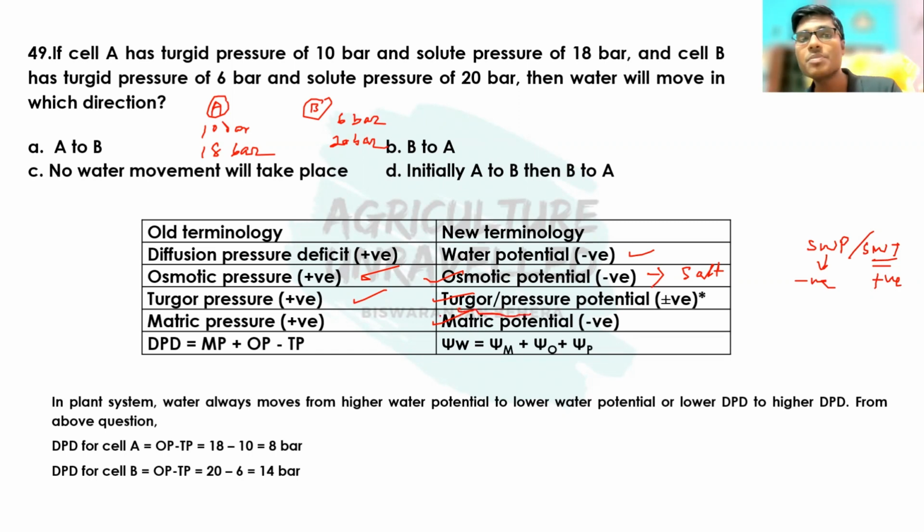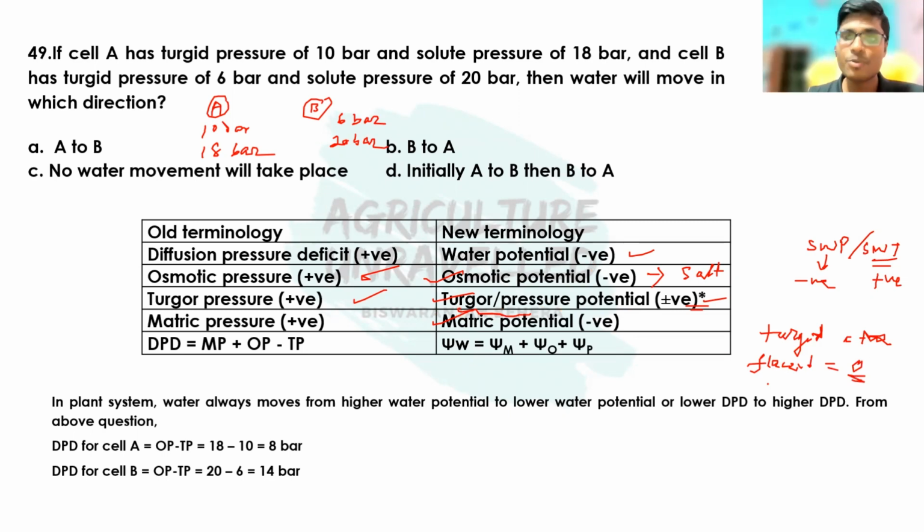The counterpart of turgor pressure is turgor or pressure potential, and the value of pressure potential is positive or negative, depending on the status of the cell. If the cell is turgid, then pressure potential is positive. If the cell is flaccid, then the pressure potential is 0. And if the cell is plasmolyzed, then the pressure potential is negative.